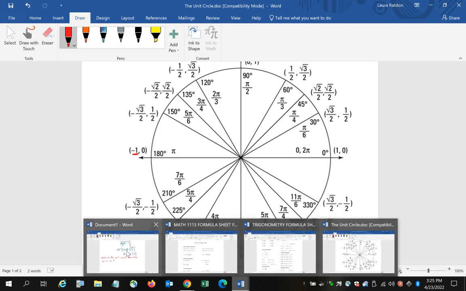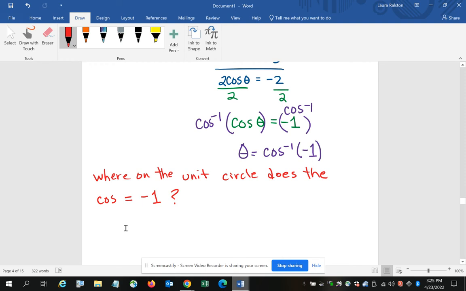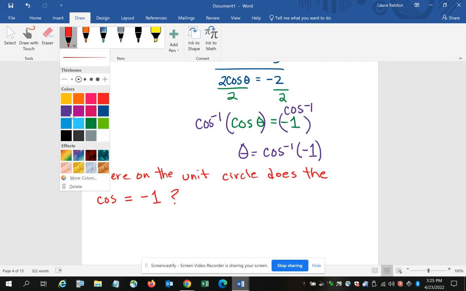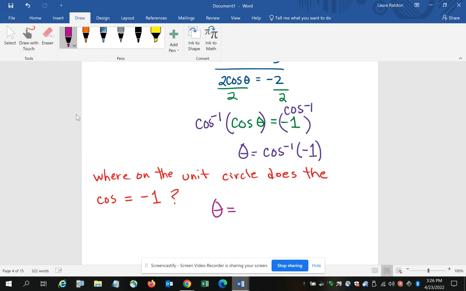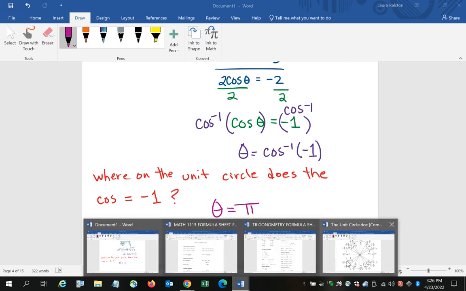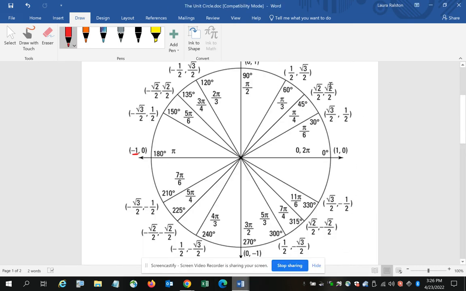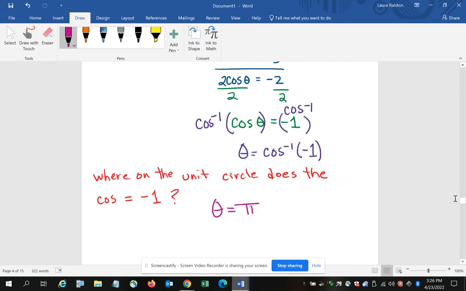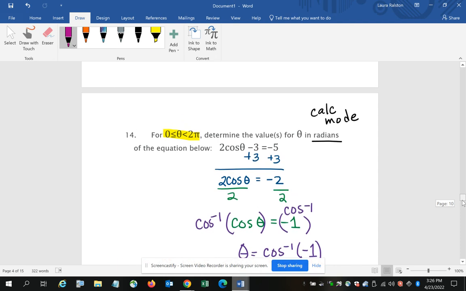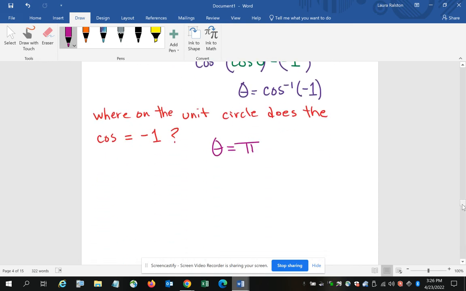So my answer would be here that theta equals pi. Now I want to double check, but I believe that's the only location on my unit circle where the cosine is -1. The other thing I want to check is to make sure that my answer is between 0 and 2 pi, and it is. So I'm okay. So my answer is theta equals pi.